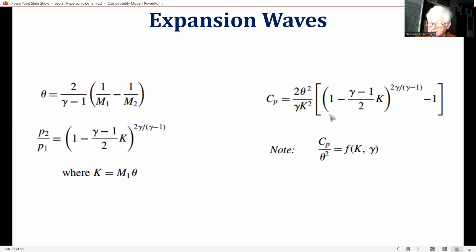It gets us the next expression on the right for Cp: 2 theta square over gamma k square, and the second parameter in brackets, 1 minus (gamma minus 1) over 2 times k, to the power gamma over gamma minus 1, minus 1. As the same, you should remember that Cp over theta square is a function of two components, k and gamma.